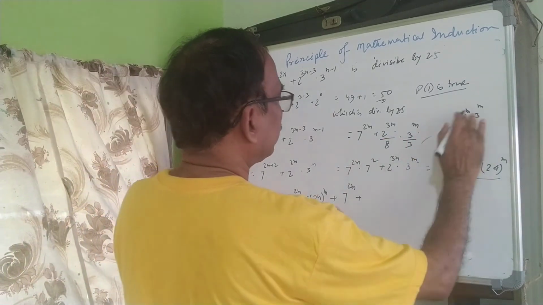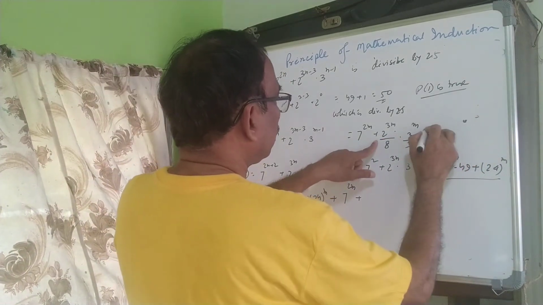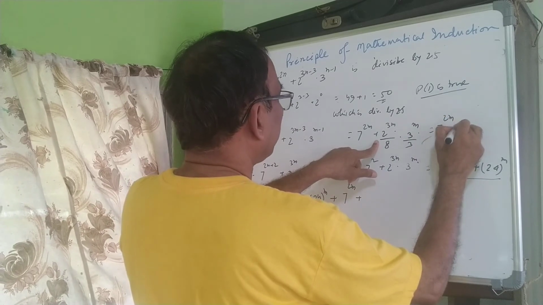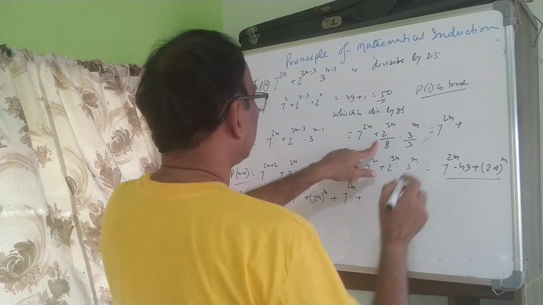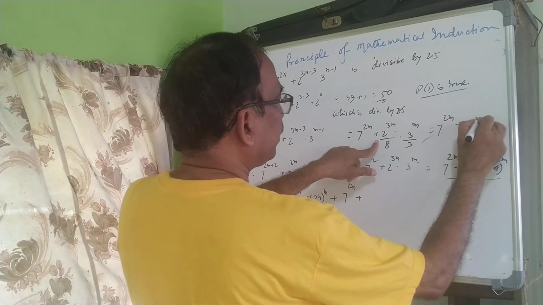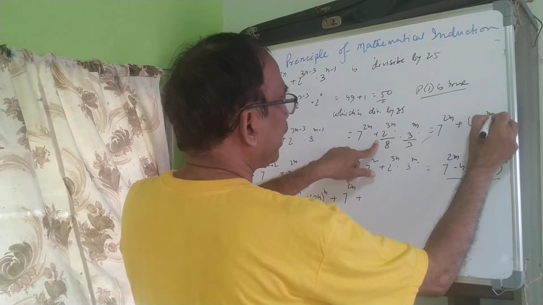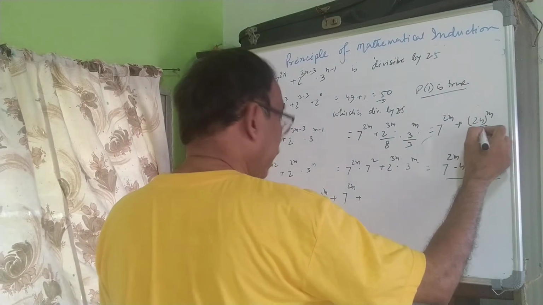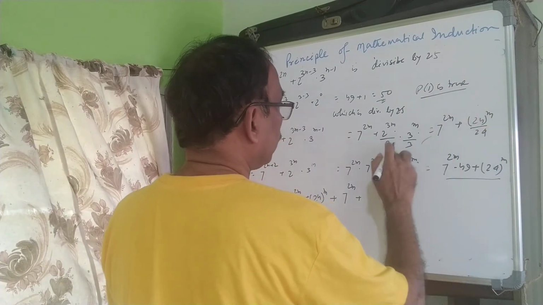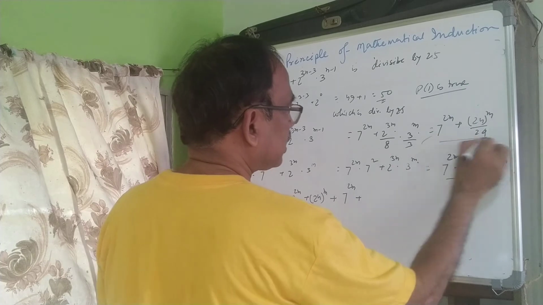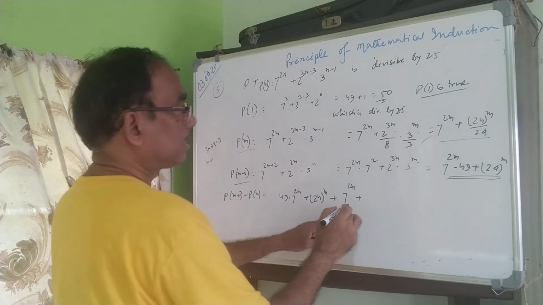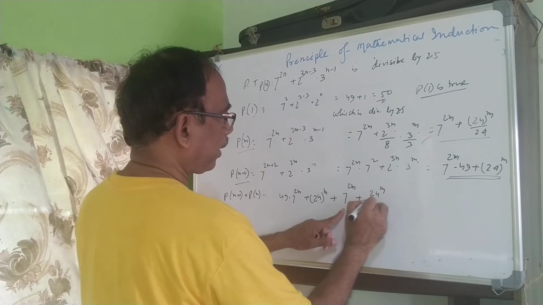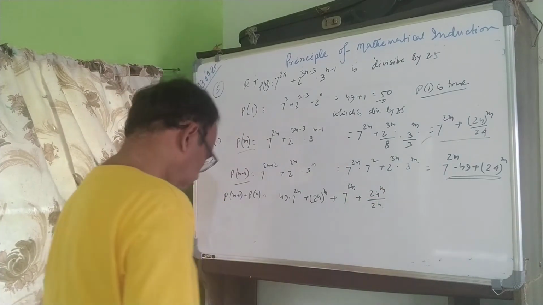We can write this plus this: 7^(2n) plus 24^n by 24.